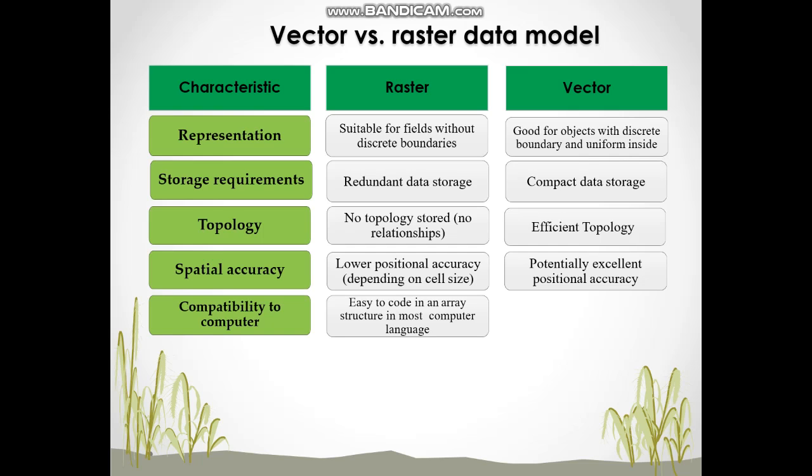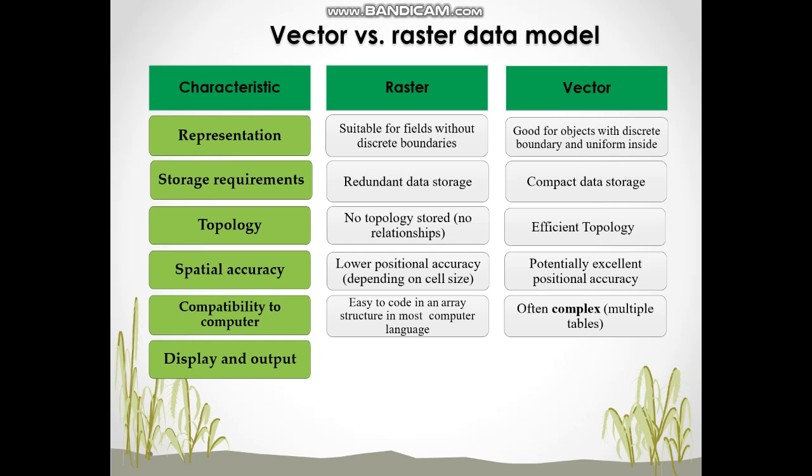There are a lot of mathematical or computer algorithms to deal with matrices, right? So the vector data model is much more complicated. Think about the vector data model, which has a bunch of attribute tables and topological tables and has a very complicated structure which cannot be easily handled by computers.